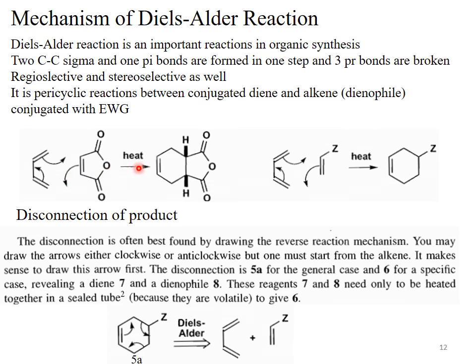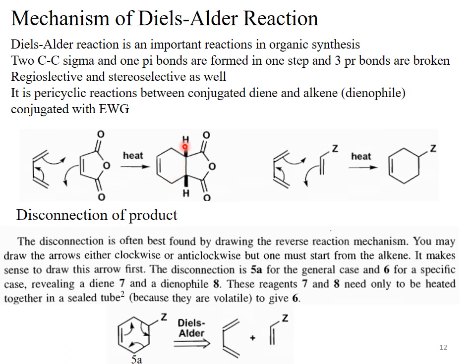And the substituent must be opposite to the double bond and outside the ring. See this one, this is a Z substituent. As I told you, this Z is the electron withdrawing group, so it's opposite to the double bond. The double bond is in the diene system, and this Z must be attached to the dienophile. So see over here, this Z is part of the dienophile.